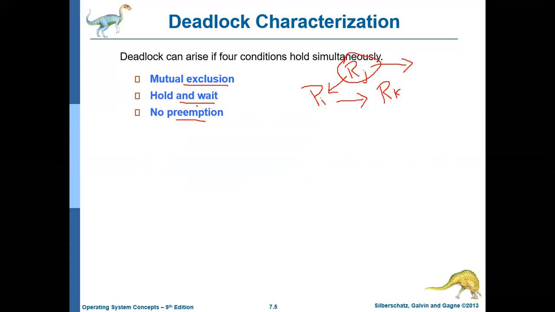So if no preemption is in place, that is the third condition. The fourth is circular wait. In the previous example, we have discussed circular wait. More formally, we can define circular wait as something like this.